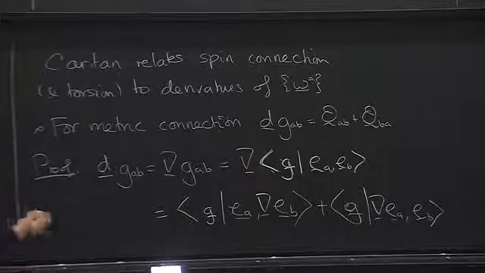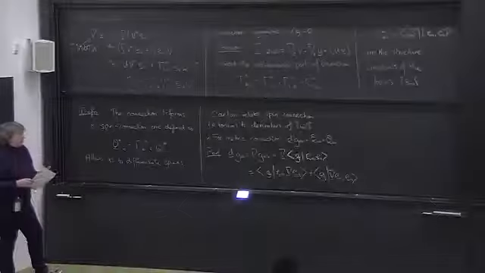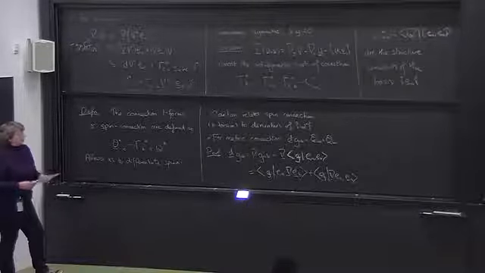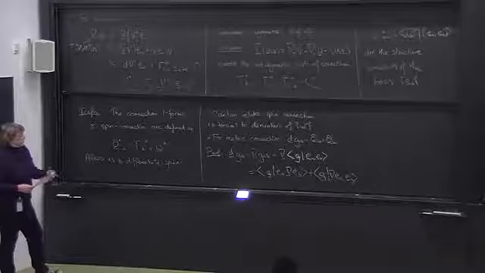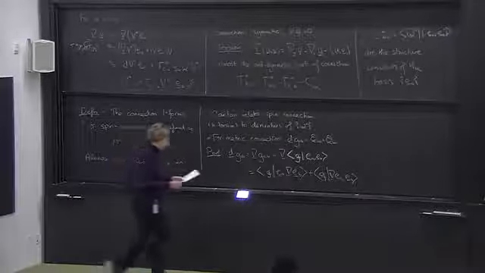I pull the covariant derivative through this contraction. So it hits g, it gives me 0, and then I have to hit each of the basis vectors in turn. But each time I hit a basis vector, I get these connection components.